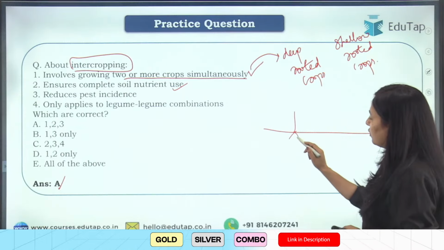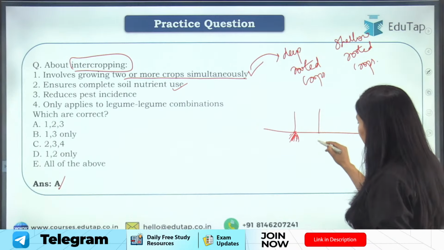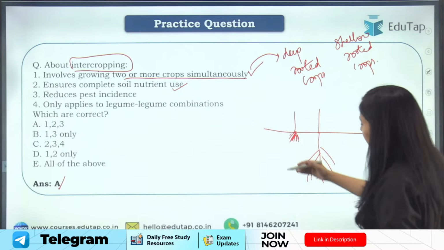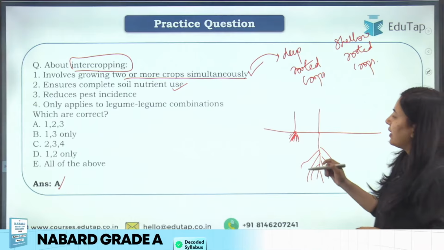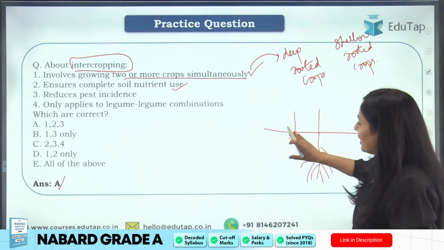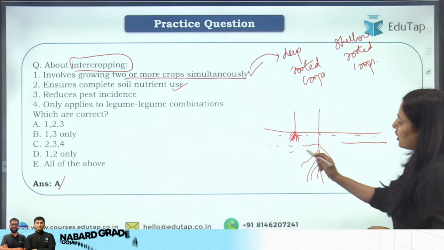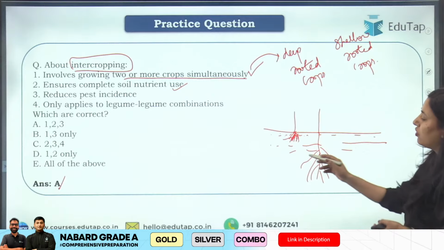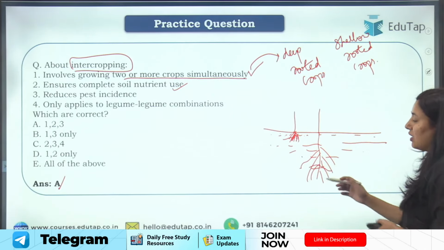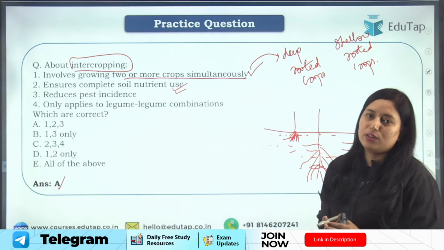One crop is shallow rooted, the root goes only to this extent, and the other crop is deep rooted, where the root is exploiting the nutrients from the deeper layer of the soil. Okay, so due to intercropping, what is happening here? We are utilizing the nutrients available in the soil completely. The shallow rooted crop will utilize the nutrients from the upper layer, while the deep rooted crop will utilize the nutrients present in the lower layer of the soil. Clear? So yes, it is again true about intercropping.